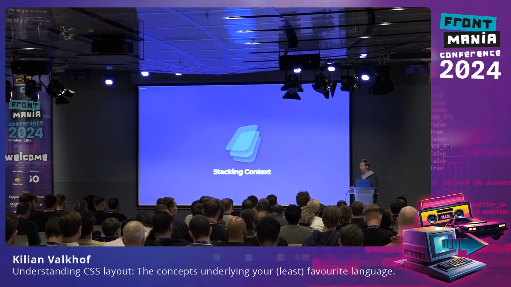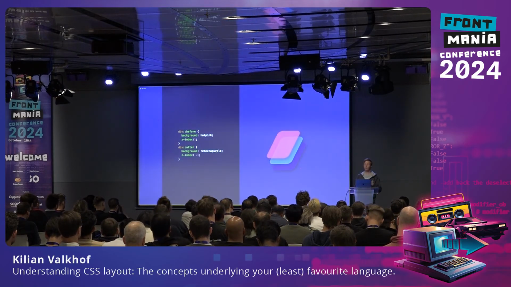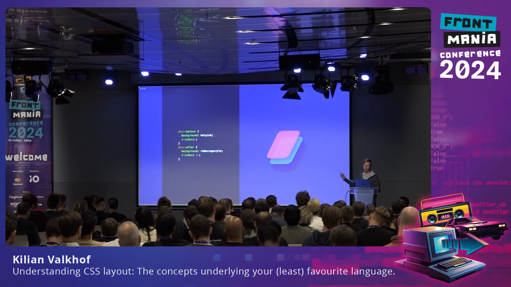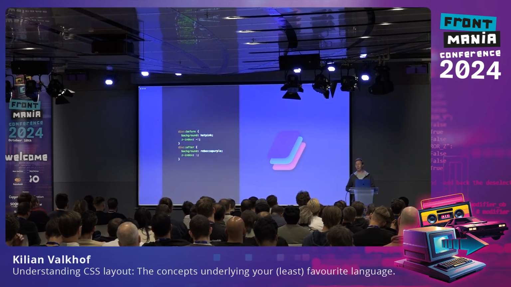And like offset parents, you can have stacking contexts inside other stacking contexts. So by default, elements have a stacking context order that's the same as the source order. So if you have a div with a before and an after, it's the before, then the div, and then the after. But you can use z-index and flip that around.